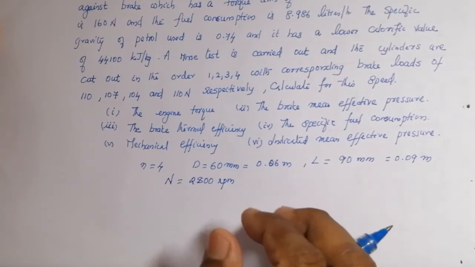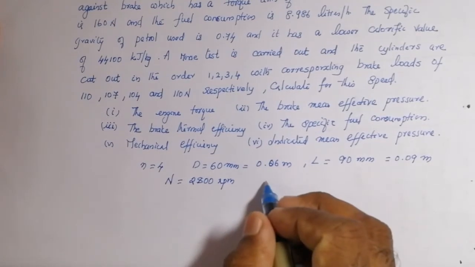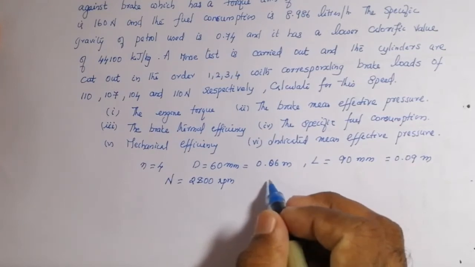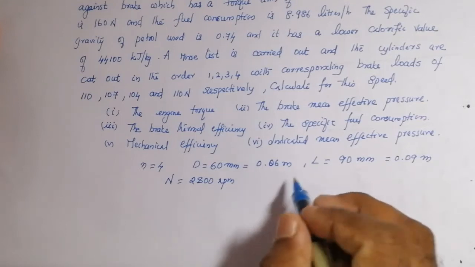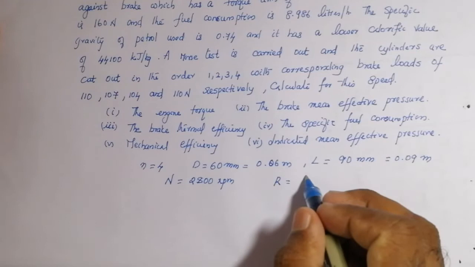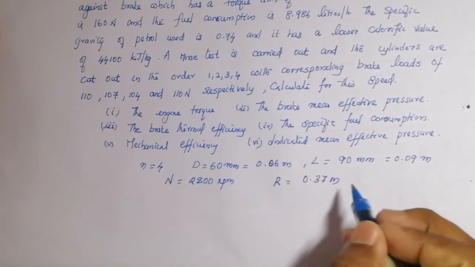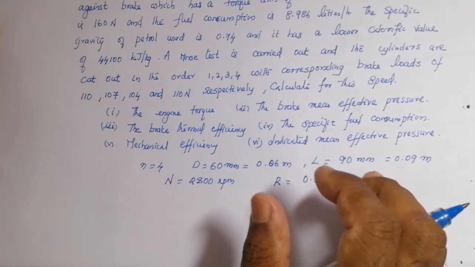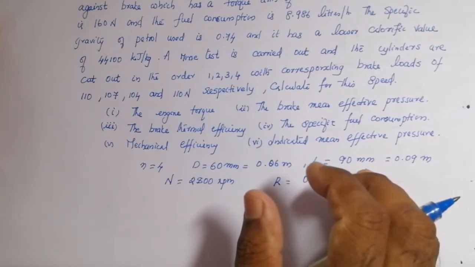The torque arm length is 0.37 meter. That is capital R, we can take it as capital R, that is 0.37 meter. Then net brake load is given as 160 Newton.